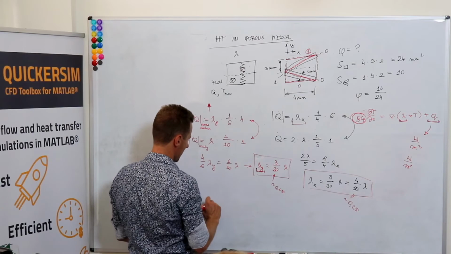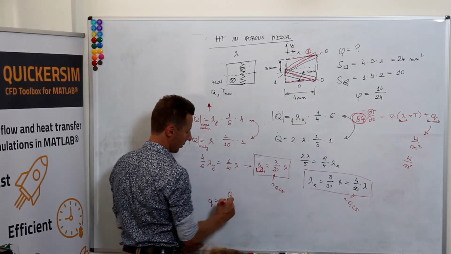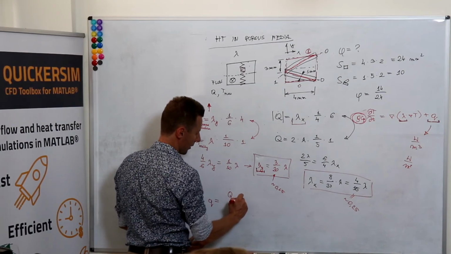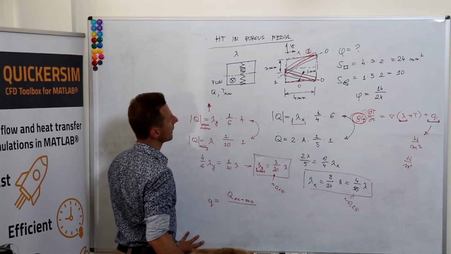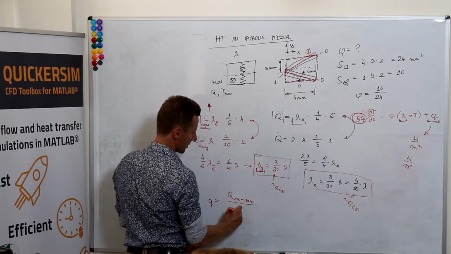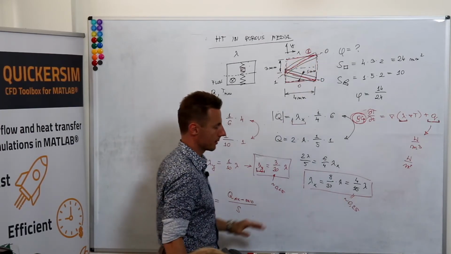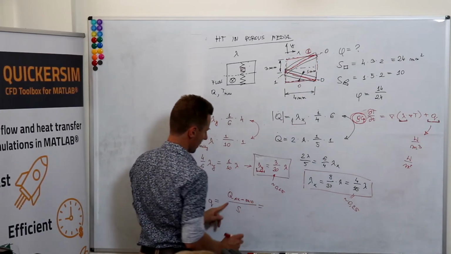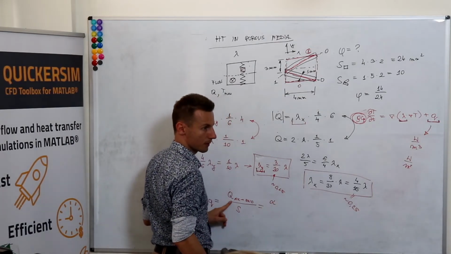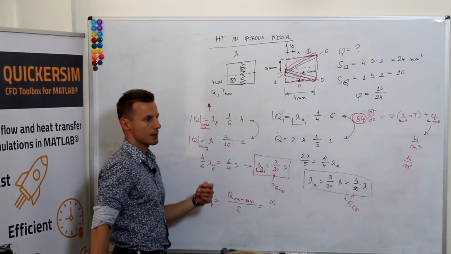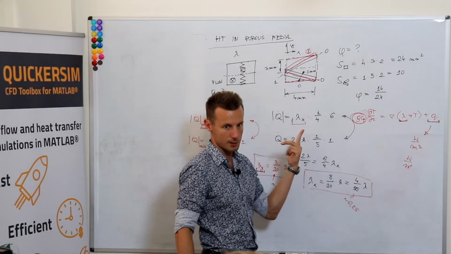So this needs to be Q from air to solid divided by surface area of our representative element. So what's that? It's clearly heat transfer coefficient times surface area of the contact between fluid and solid.